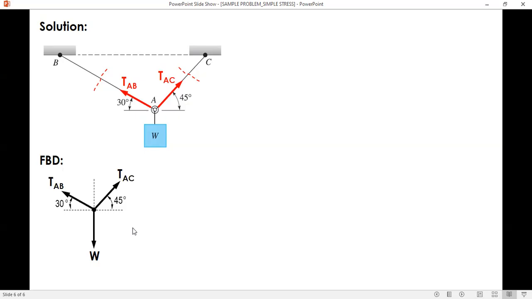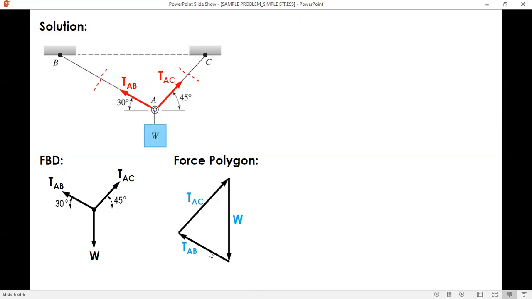And so therefore we can have a triangle since we only have 3 sides. So let's start with W, downward, and then connect the EB, second quadrant, and then connect the EC. So we have this triangle.